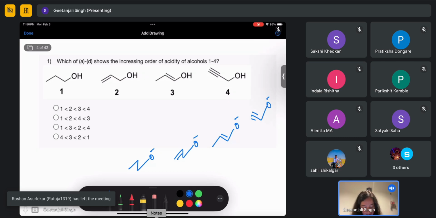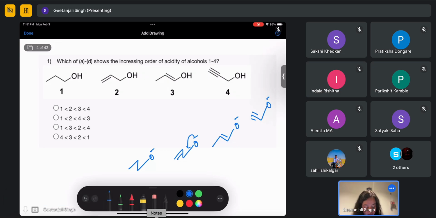Is there resonance in the second one? No, because there is no conjugation. There is nowhere for the lone pair in this charge and the lone pair in the oxygen to move.